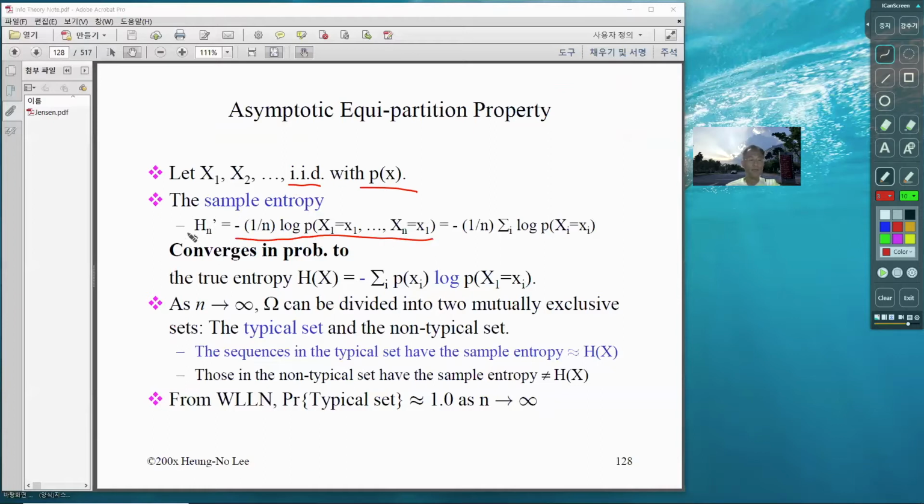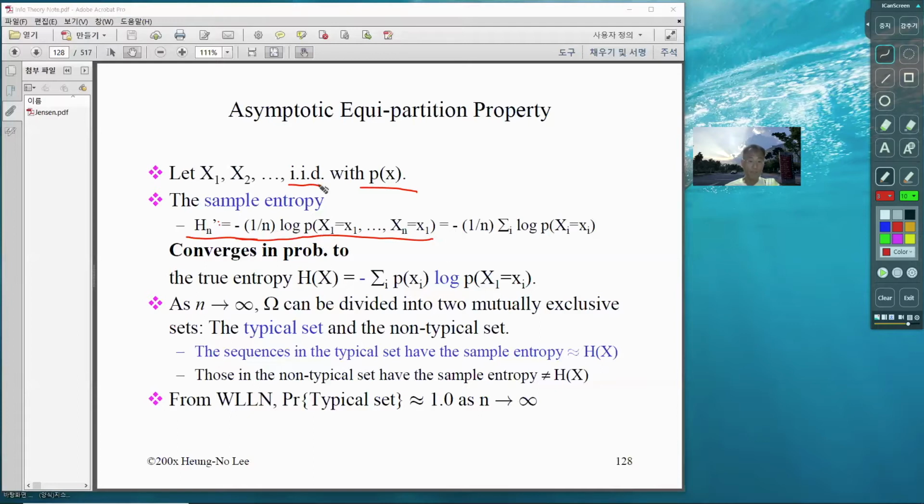Okay, that is the definition. This is defined to be minus 1 over n times log of the probability of the sequence.